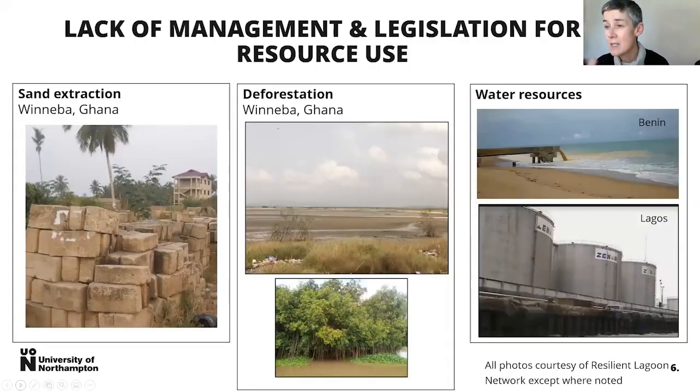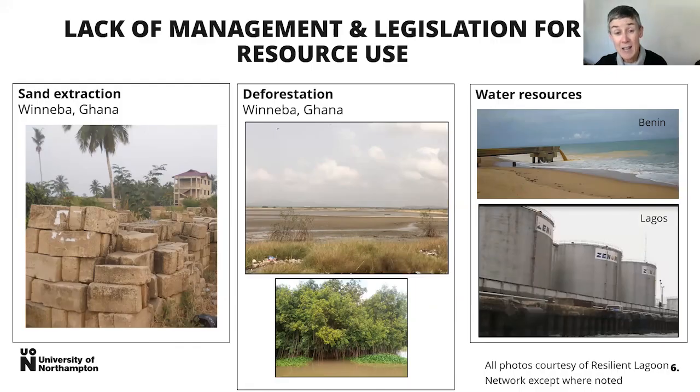Okay, so the next driver that I had on my systems diagram was that lack of management and legislation for resource use, and how that's changing land use and then impacting marine areas. So there are three main aspects of this in West Africa.